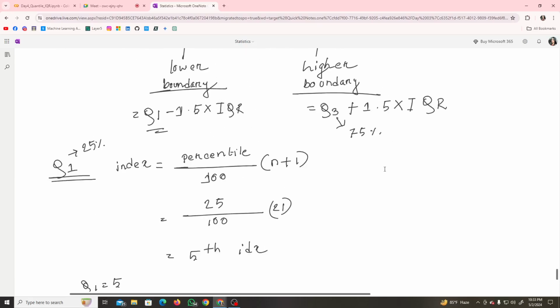Now let's move to Q3 and find its value. Firstly, let's find the index. Index is equal to 75 by 100 into n plus 1, where n is 20, and by adding 1 it will be 21, and you get your value as 15. So we have to find the 15th index from our dataset.